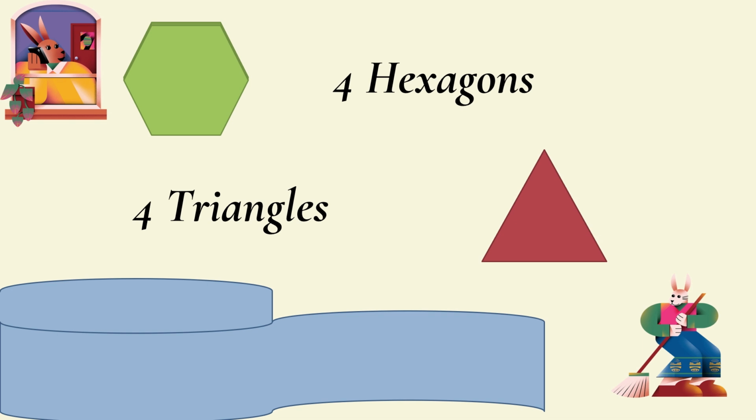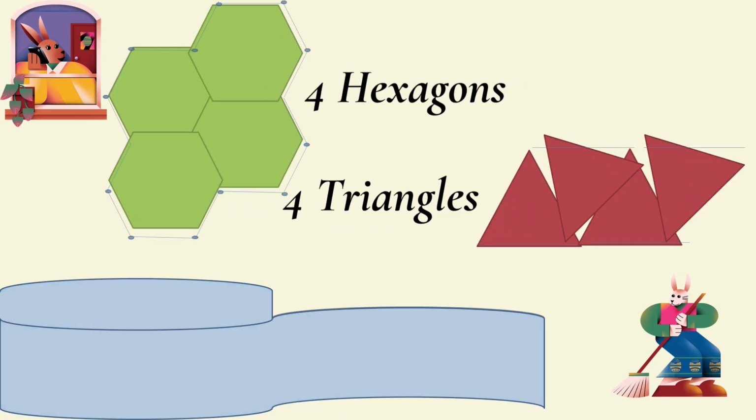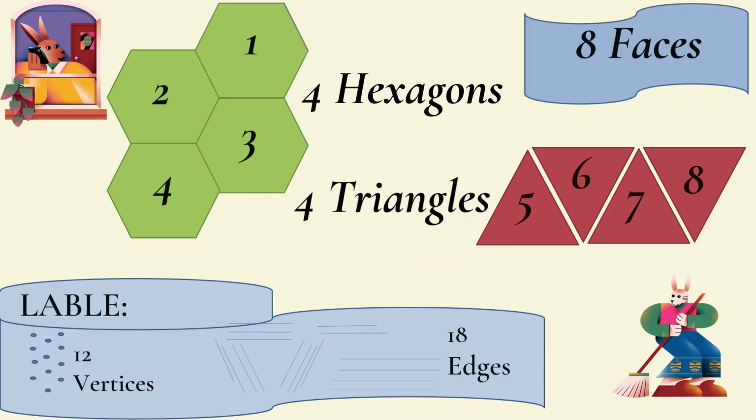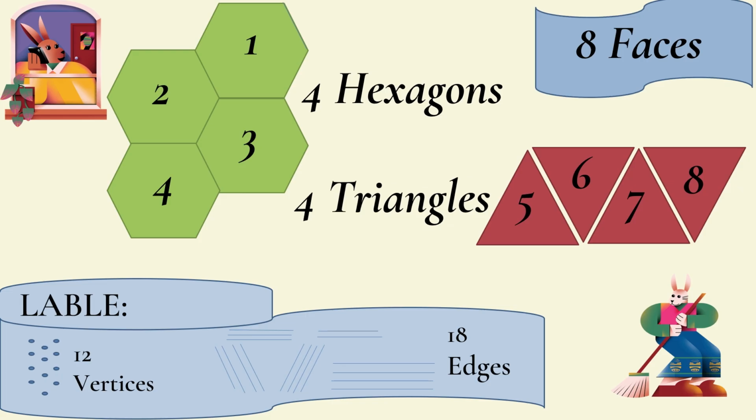This solid consists of 8 faces, which include 4 hexagonal faces and 4 triangular faces. It also has 18 edges and 12 vertices. We can tell that these values can be confirmed by carefully analyzing the net.